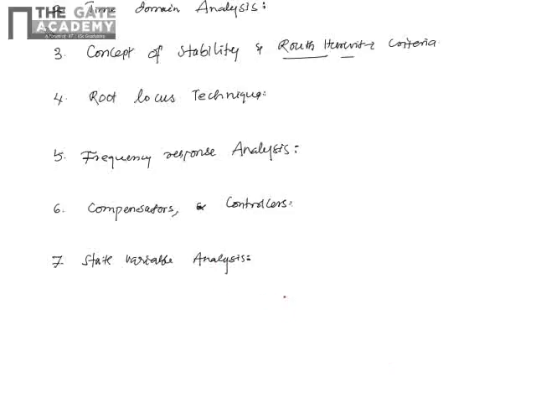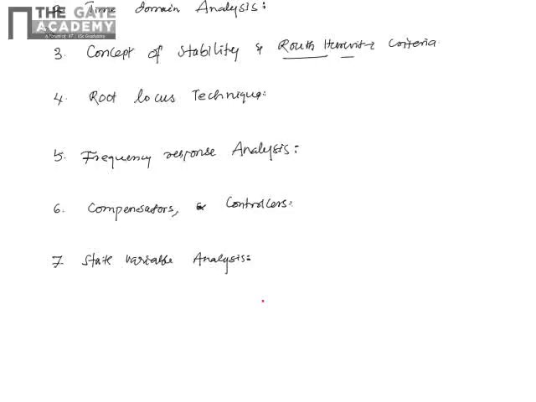Okay, right. So what is the importance of this subject in the GATE exam? Out of 65 questions, how many questions may we expect from this subject? Minimum 4 to 5 questions we'll expect from this subject. Every year, either frequency domain analysis like Bode plot, Nyquist, 1 or 2 questions may come.